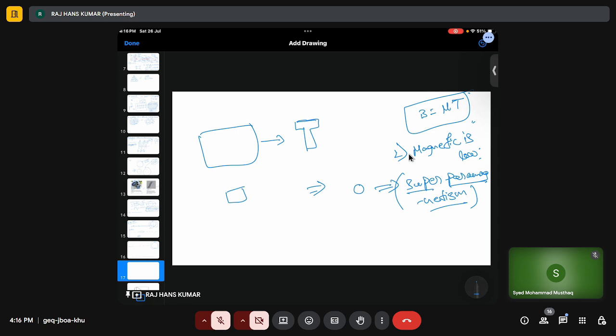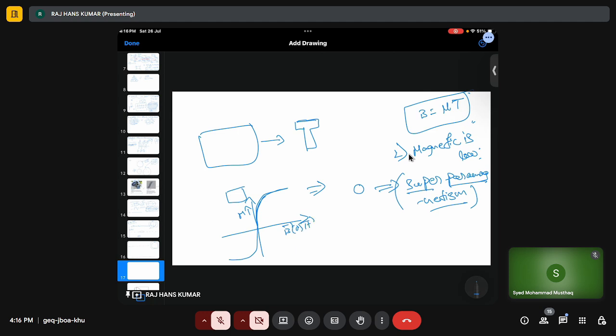Now again, there is super. What does super mean? Even if you apply a small amount of magnetic field, the magnetization will start to increase. So this is how it looks. This is the MH curve. This is magnetization, and this is the magnetic field, or magnetic flux density, or magnetic field intensity.